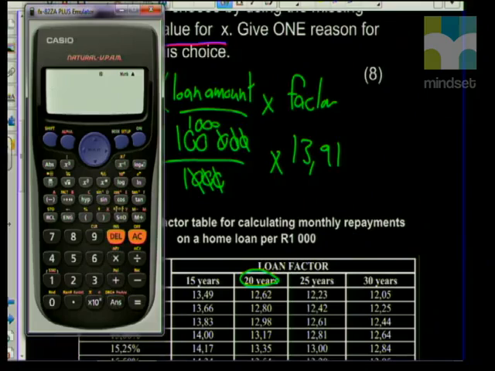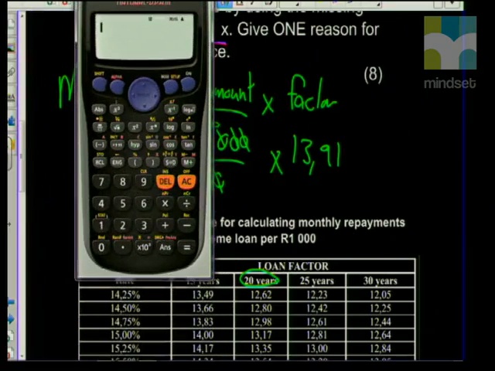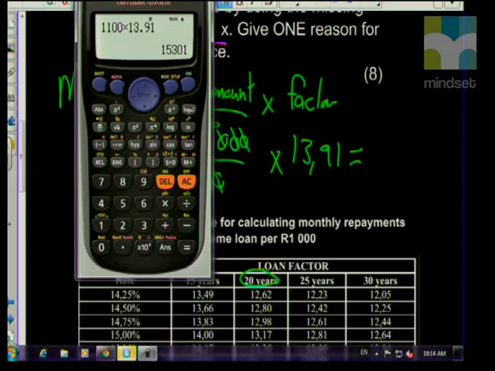We're going to take this value of 1100, because we divided by 1,000, multiplied by 13,91, which is my factor. Now, guys, that tells me that she's going to have to pay out on a monthly basis the total amount of 15,301 Rand.